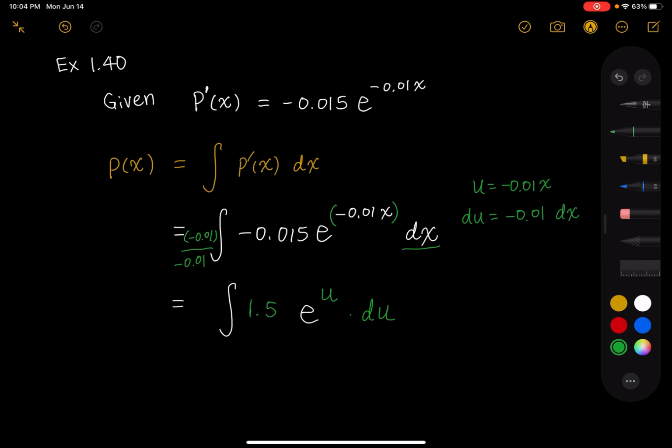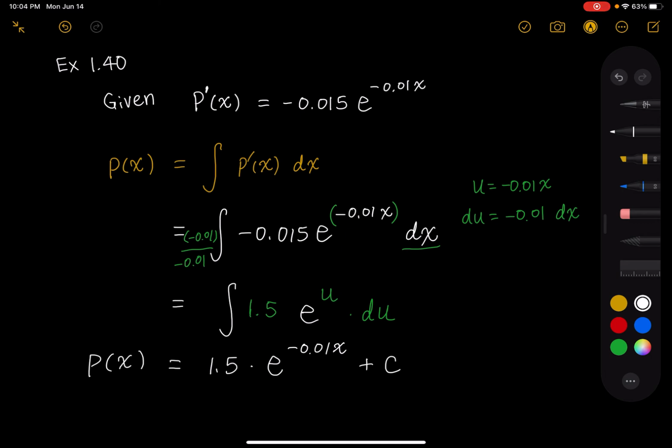Okay, so that completes the u substitution, and we can just find the antiderivative, and we use the constant multiple rule. So it'll be 1.5 times the integral of e to the u du, which is just e to the u, and u is negative 0.01x, plus c.